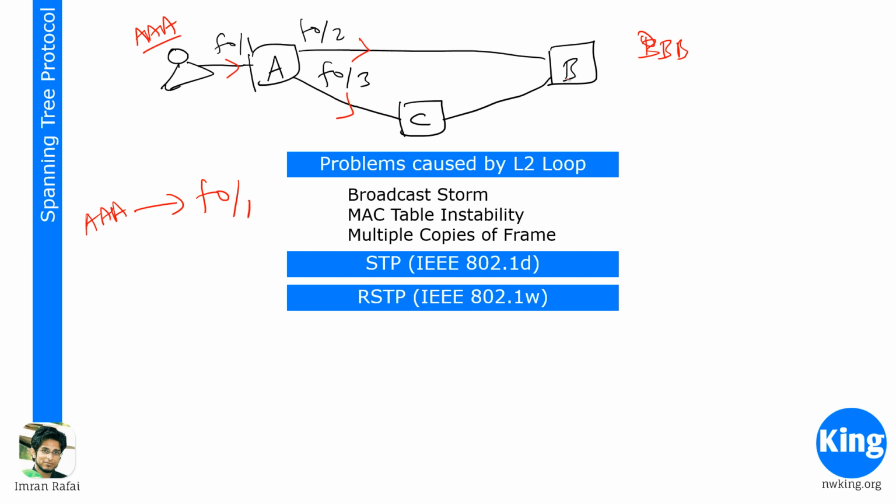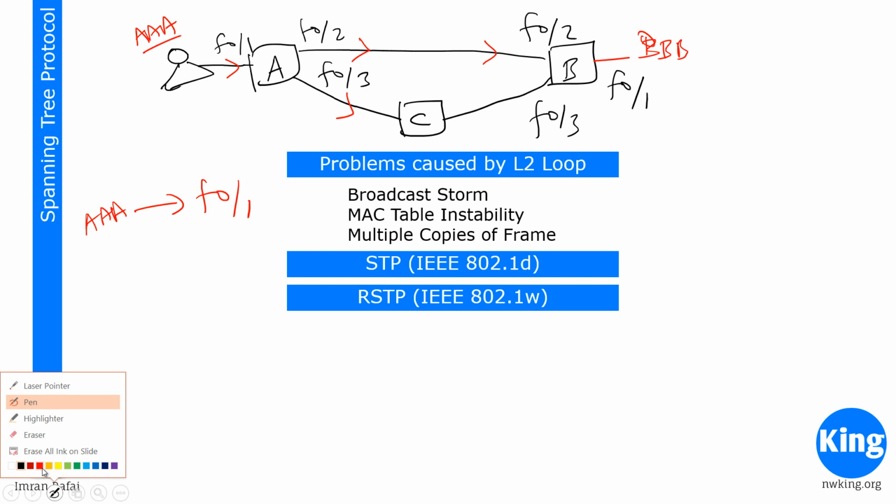Now let's assume switch B is connected to this MAC address of BBB. When switch B receives this message, it says fine, I know where BBB is. Okay, I'm going to use black. So this is again F0/1, F0/2, F0/3, right?